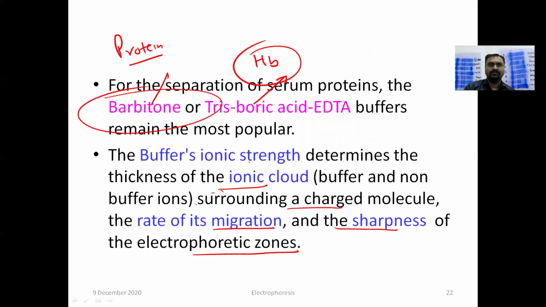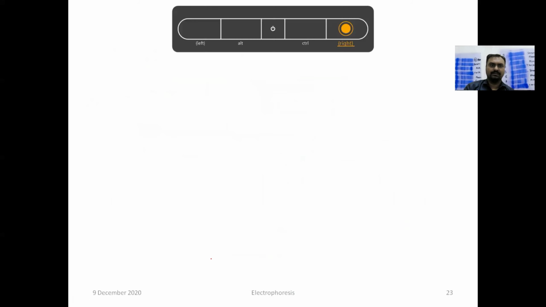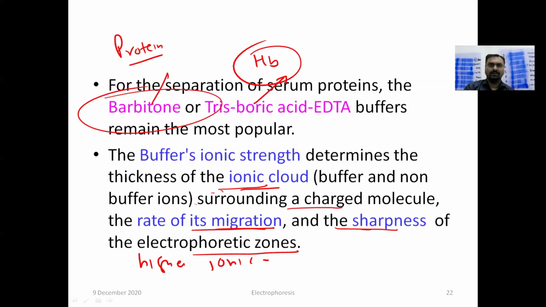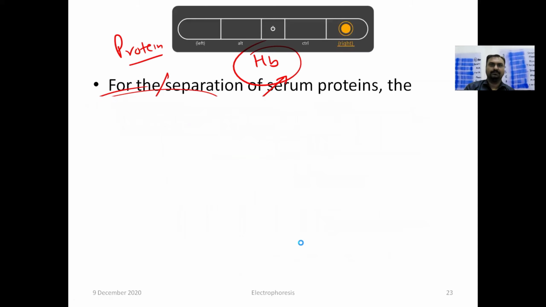So the buffer's ionic strength will determine the thickness of the ionic cloud, the rate of migration, and the sharpness of the electrophoresis zone. Okay, so the higher the ionic strength, the solutes or migrating particles will have less mobility. And when you lower the ionic strength, then the molecules will move faster.